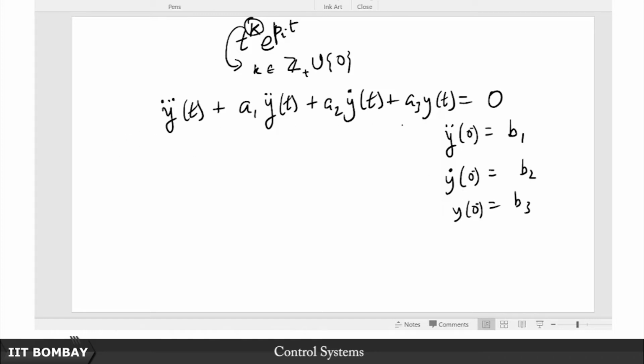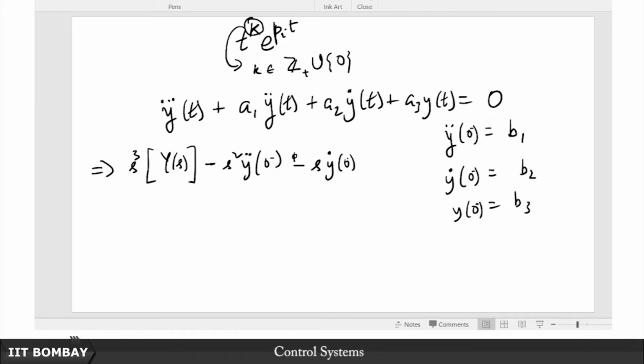Now, when we take the Laplace transform of this, you can clearly see it leads to the following. It will have s cubed times Y of s, where Y of s is the Laplace transform of y of t, and then you have minus s squared y double dot 0 minus, then another minus s y dot 0 minus, and minus y 0 minus.